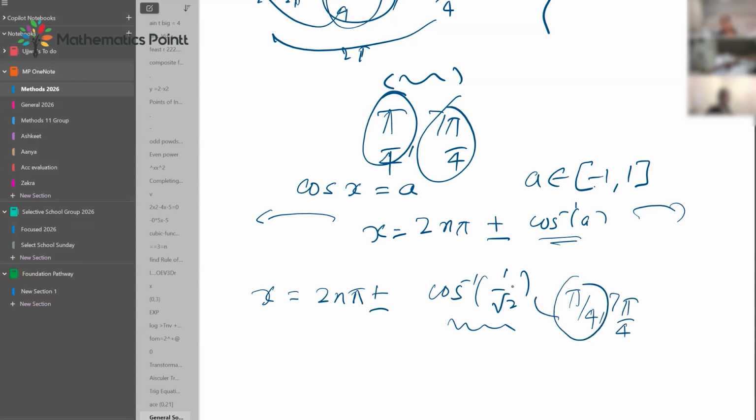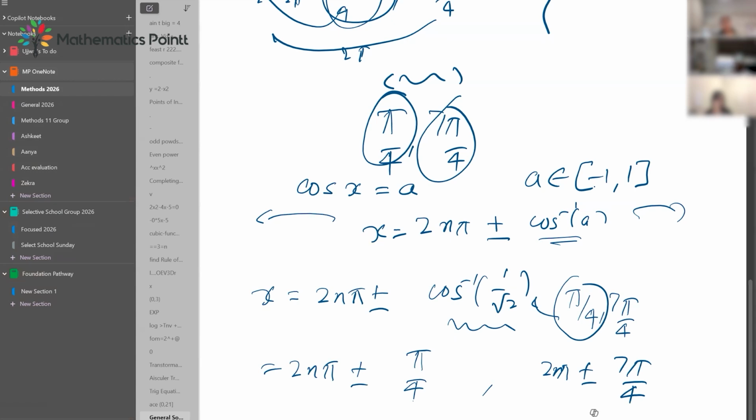Let me put pi on 4 here first. So I have 2n pi plus minus pi on 4. And the other one could be 2n pi plus minus 7 pi on 4.